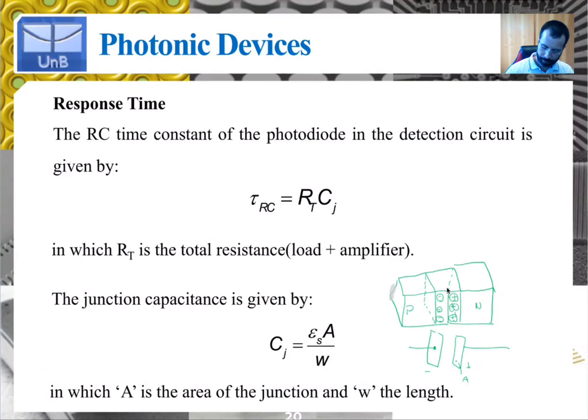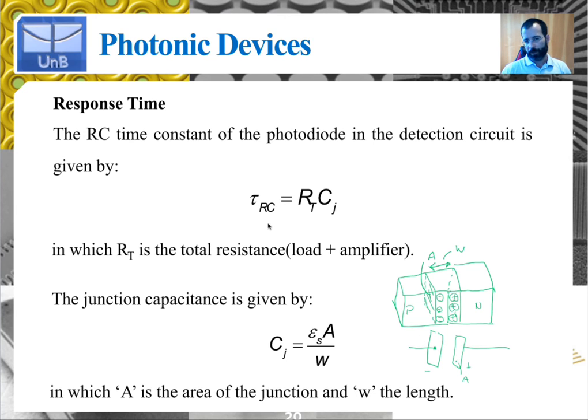Therefore A will be the cross-sectional area, which I'm hatching right here. And the length W is the length of the depletion region. So basically the junction capacitance is just this.